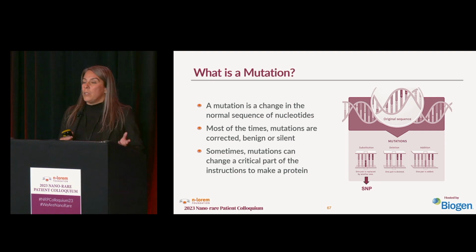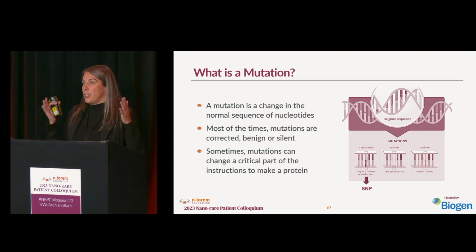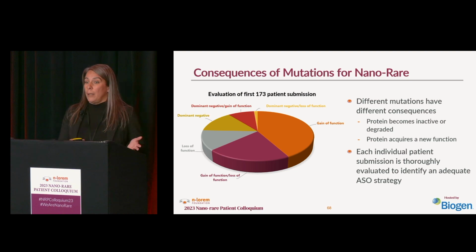And most of the time, mutations are either corrected or they're benign or silent, which means that they don't have any consequences. But other times, occasionally, mutations can change the critical part of the instruction to make a protein. And so as you can imagine, different types of mutation will have different consequences.